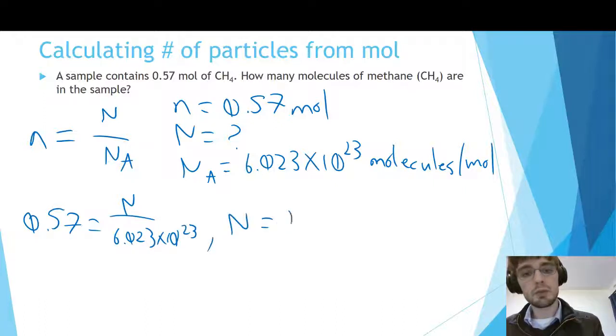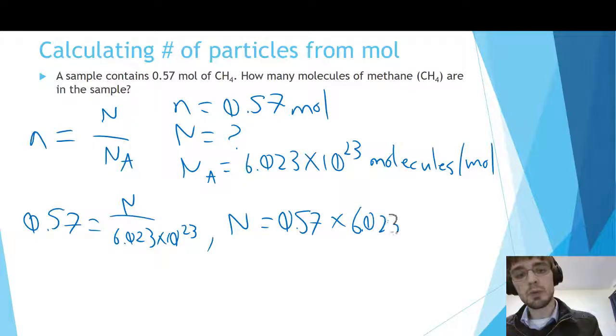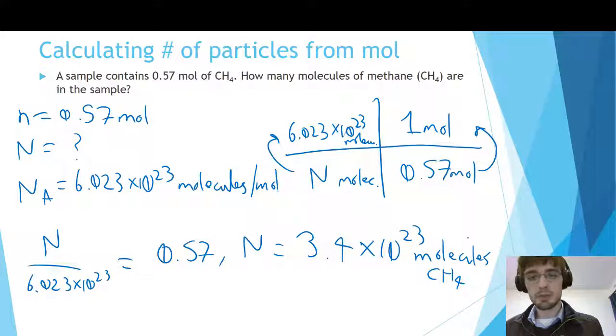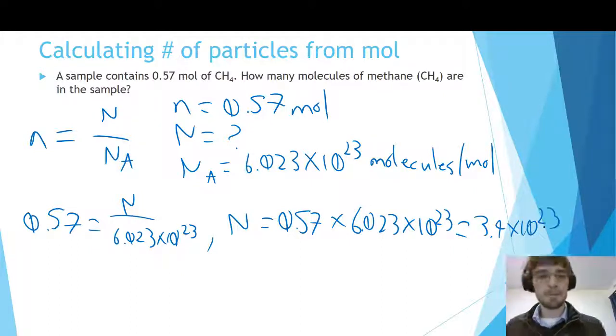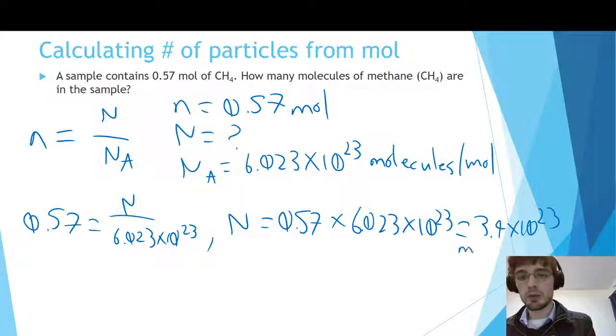Therefore, N equals 0.57 times 6.023 times 10 to the 23. And that'll give us the same as the last page, so 3.4 times 10 to the 23. All right, and that's molecules CH4.